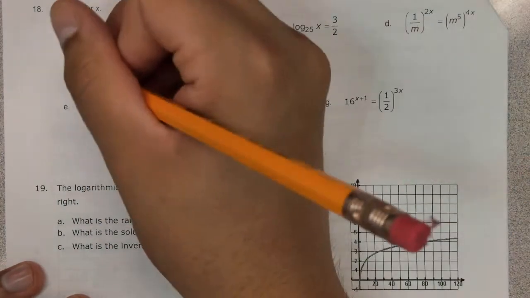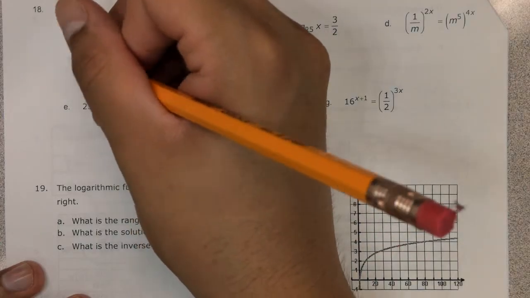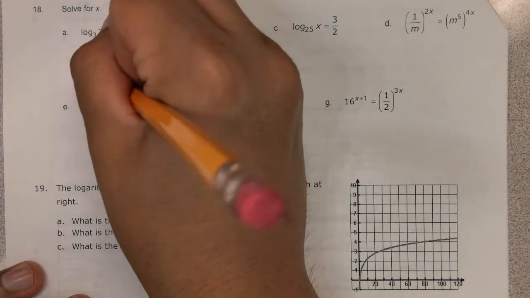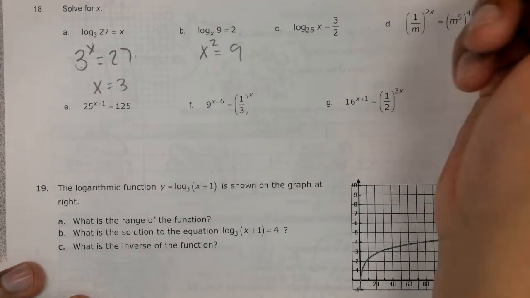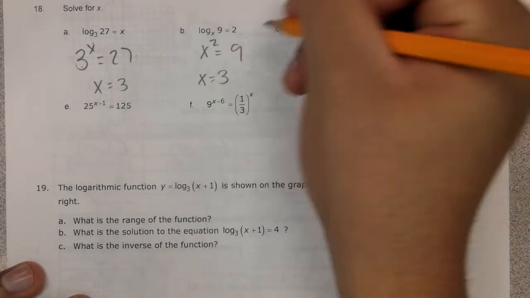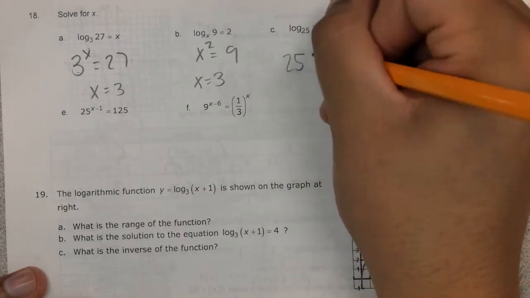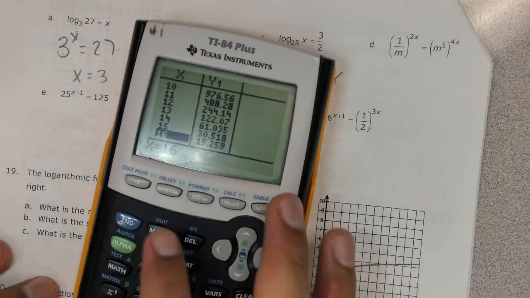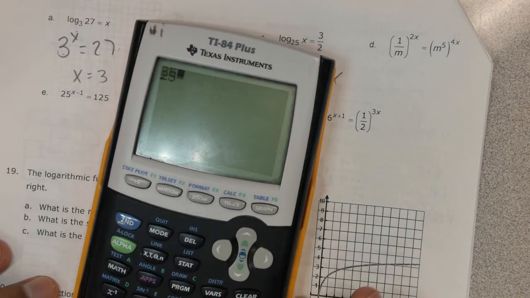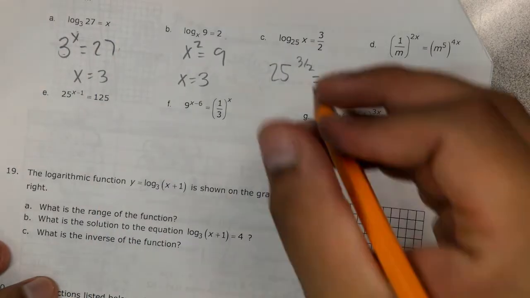Okay, this one's easy. 3 to the power of what makes 27? X equals 3. Same thing on this one. What squared makes 9? X equals 3. And then for this one, it already sets up to where it's equal to x, so just plug it straight into the calculator. 125.